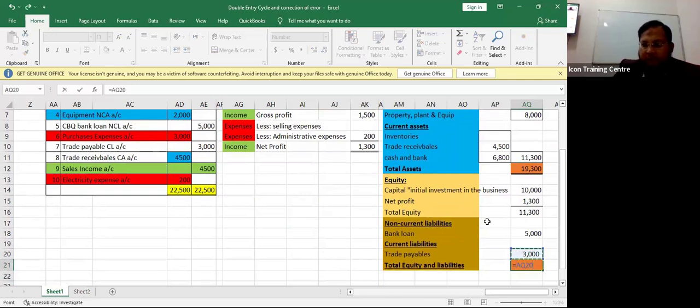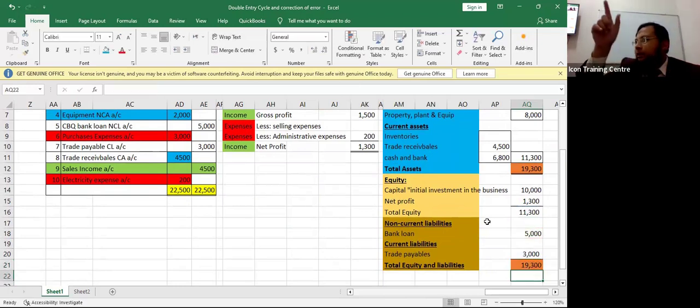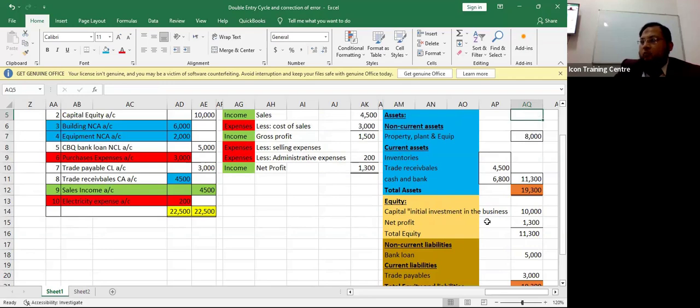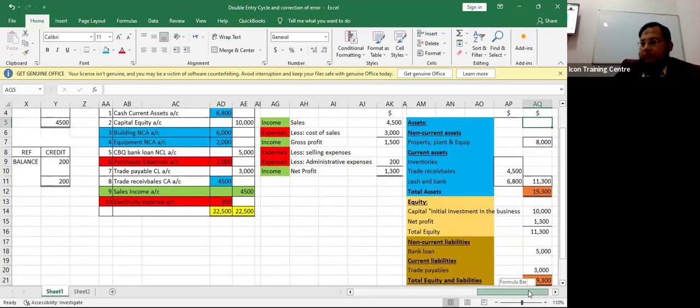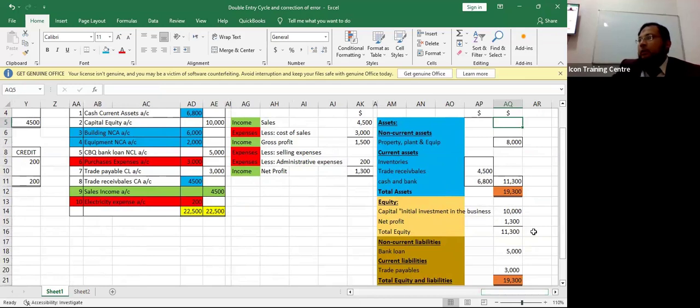So this plus this. So assets are equal to liabilities plus equity. This is what we have learned in the accounting equation. Total assets will be equal to total liabilities plus equity. Just understand, reflect, adjust. I'll give you the handouts so that you can also review.